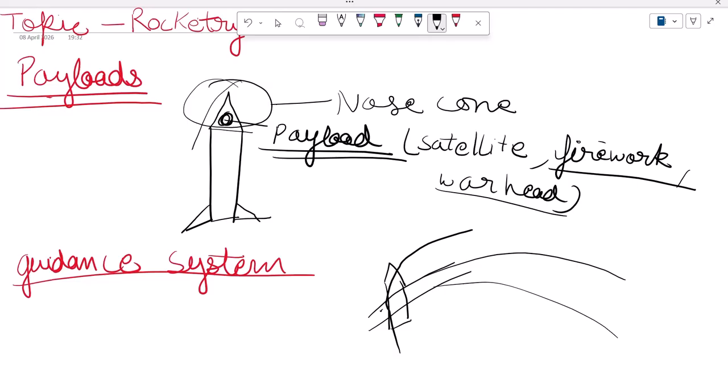So you can understand the guidance system is the most crucial system that guides the rocket towards its right path and makes sure that the rocket is following the correct trajectory. So it is the most crucial part.